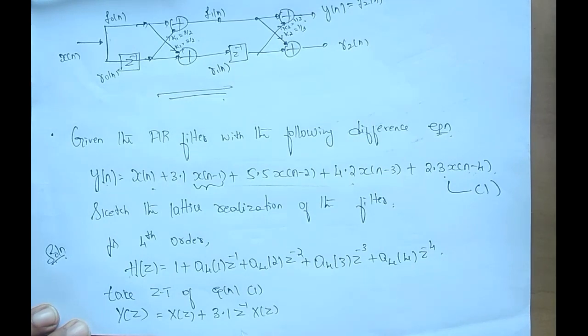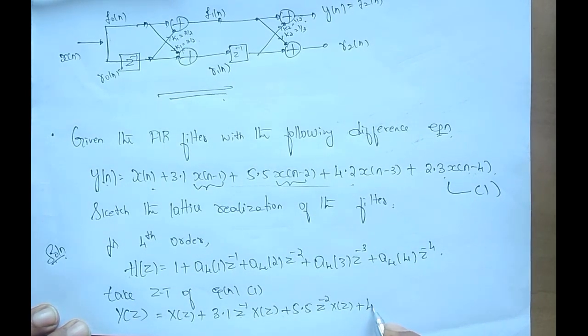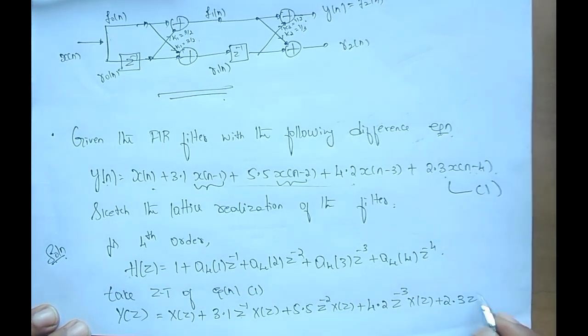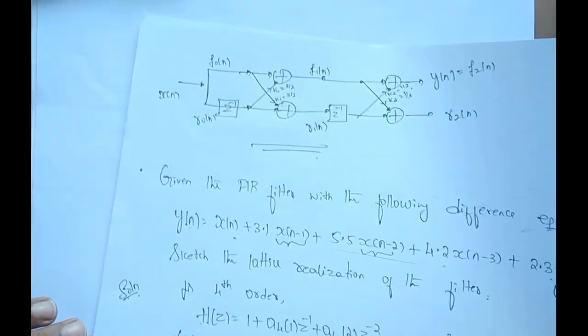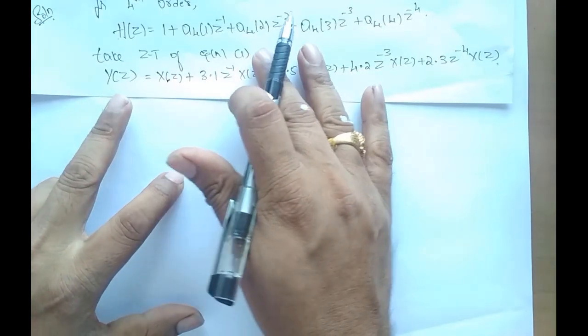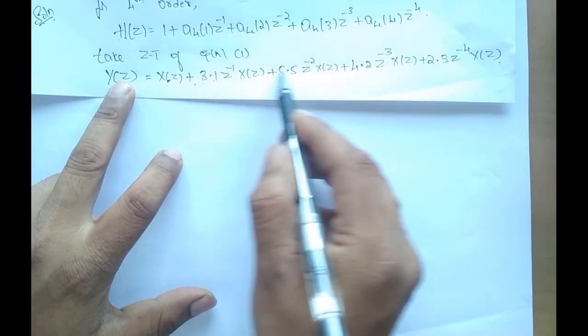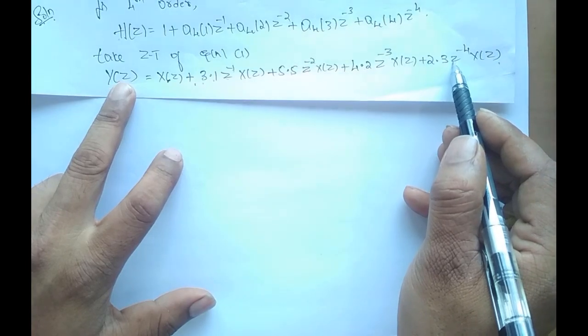So the z transform of x of n minus 1 is z power minus 1 into x of z, plus 5.5 into z power minus 2 times x of z, plus 4.2 into z power minus 3 times x of z, plus 2.3 into z power minus 4 times x of z. Now in this equation we can take x of z common. If I take x of z common, what I get is 1 plus 3.1 z power minus 1 plus 5.5 z power minus 2 plus 4.2 z power minus 3 plus 2.3 z power minus 4.